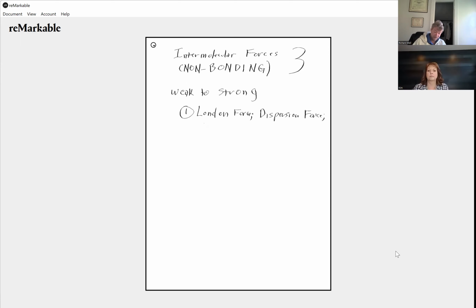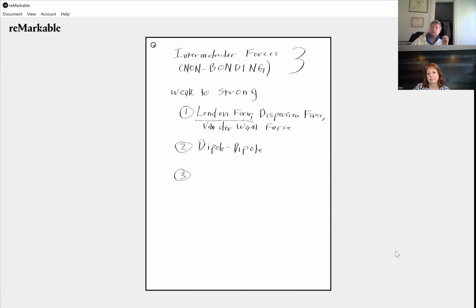They all mean the same thing. So whatever your book uses, that is fine. And yes, there are two A's there. So the first one is London forces. I'm going to use the term London force. The second strongest, dipole-dipole. That's the one we're going to start with.